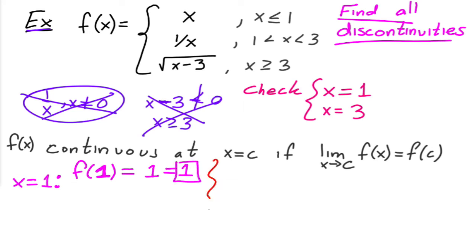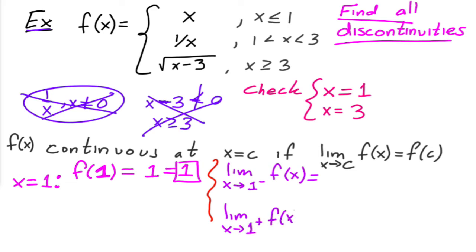Okay, then once we do that, we find the limit as x approaches 1. Now, for this limit to exist, and especially because it's a piecewise function, we need to check the limit coming from the left and the limit coming from the right.